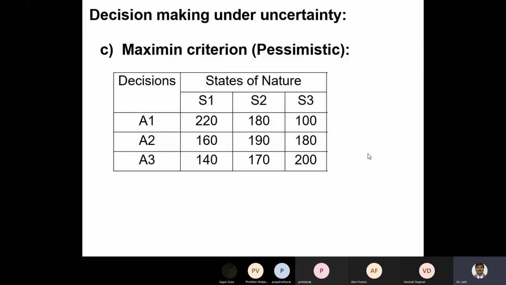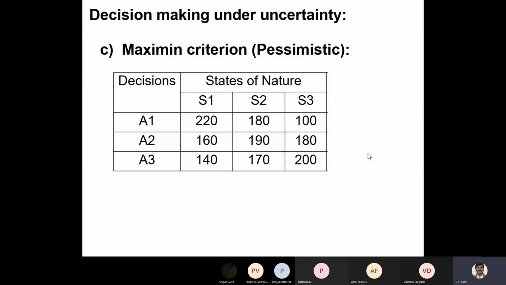For example, if the decision maker takes decision A1, a person with a pessimistic approach always thinks about the worst event. If he thinks that event S3 will occur, then his payoff would be 100. Similarly, the worst payoff for action A2 is 160. The worst payoff for action A3 is 140.